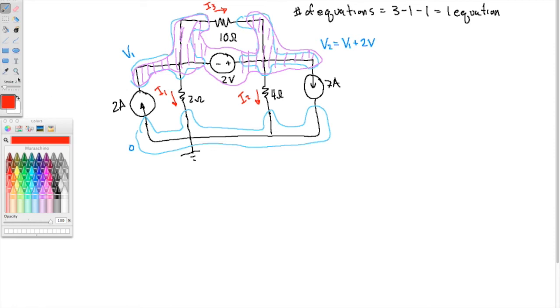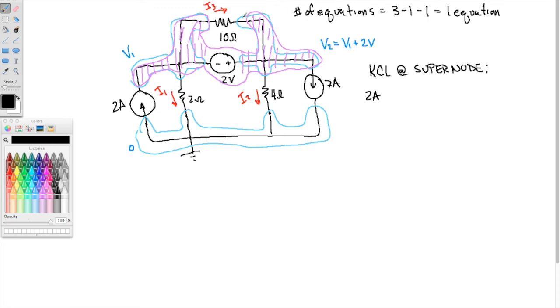Now, I want to start at the supernode. Actually, that's the only equation we need to set up. KCL at the supernode. Okay, and something interesting happens regarding I3 here. So we have the 2 amps entering the purple.